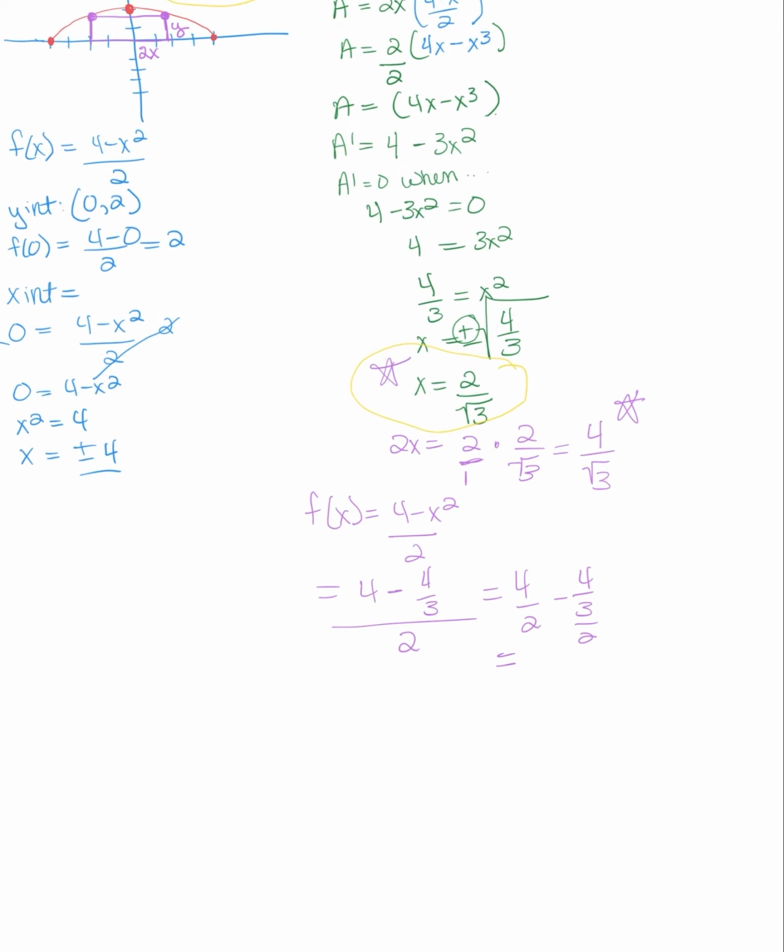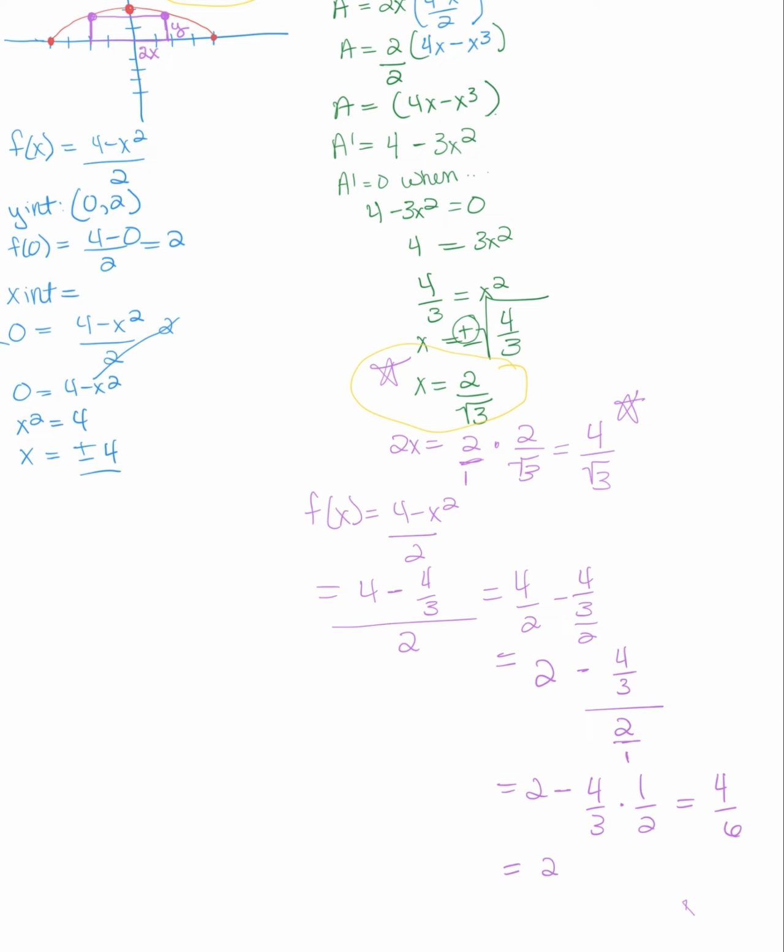If you have 4 over 2, you know that's 2. And if you have 4 over 3 divided by 2, that is going to be the same as multiplying times the reciprocal of 2 over 1. So we have 2 minus 4 over 3 times 1 over 2, which is going to give us 4 over 6.